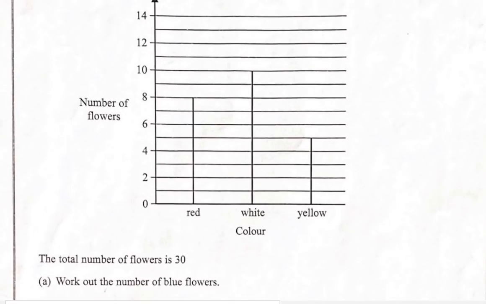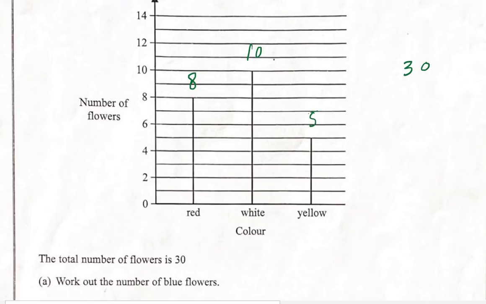Here there is no blue on the chart, but we have red, white and yellow, and we know the total number is 30. So we can find how many red, white and yellow there are. The red is 8, white is 10, and the yellow, you can see here, is 5.